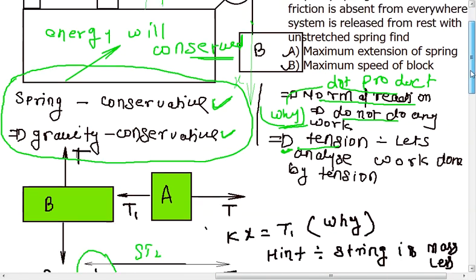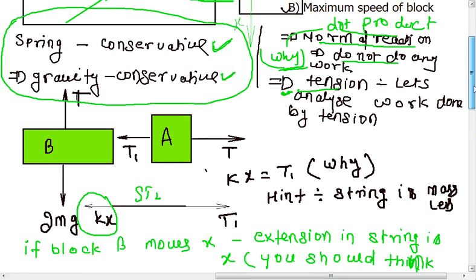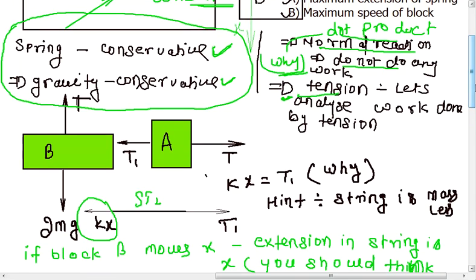Now let's see the free body diagram. Here, velocity of a and velocity of b are always equal, so va is equal to vb. Why?